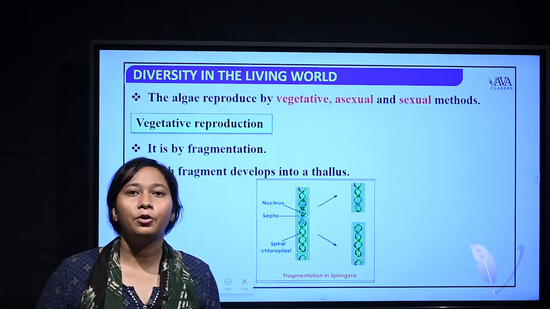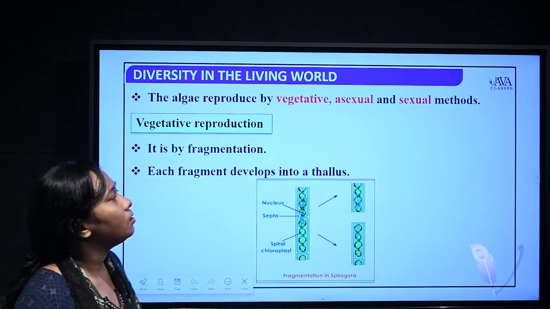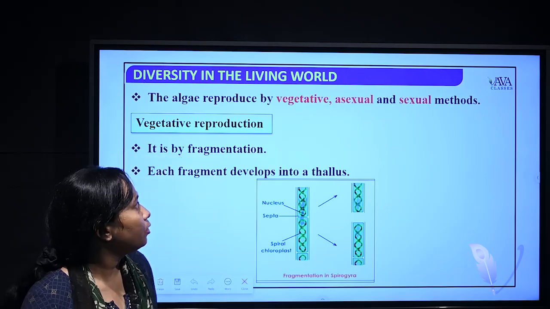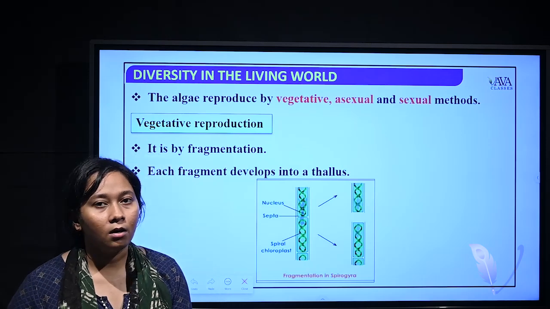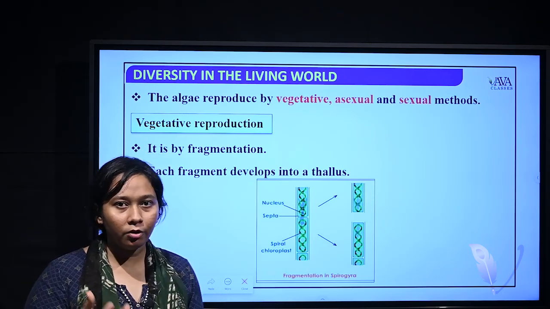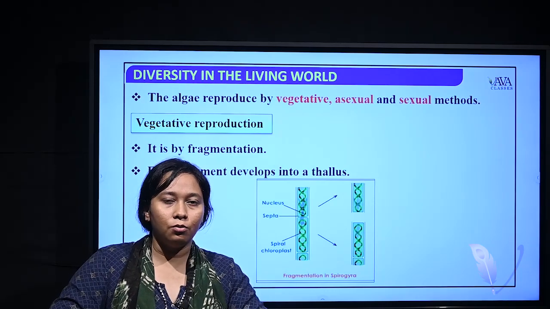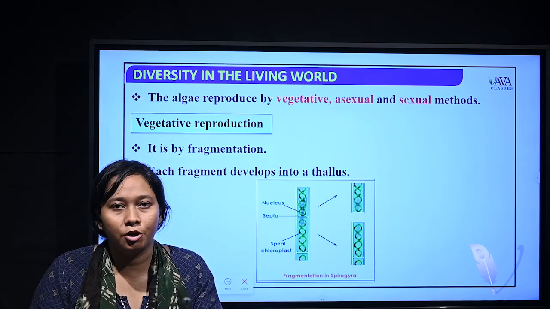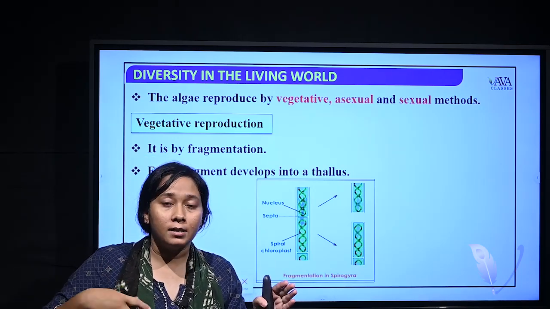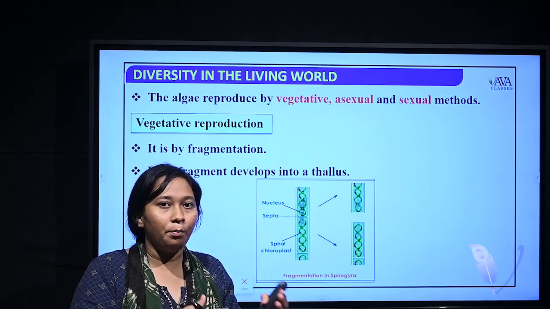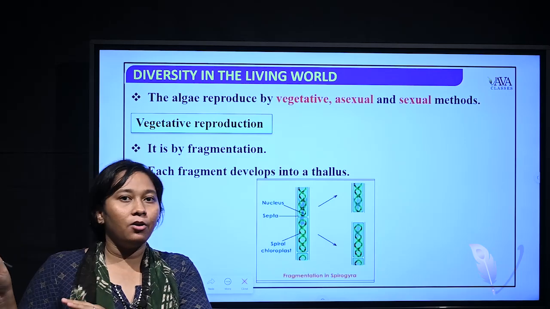Okay, let's look into their reproduction. Algae can reproduce by vegetative, asexual as well as sexual methods. I have already told you that in lower organisms we generally don't distinguish reproduction into just two types, asexual and sexual, as their development and cell reproduction are completely different from higher organisms.